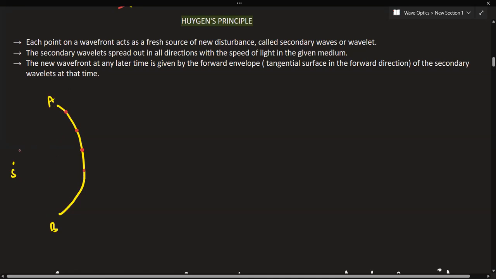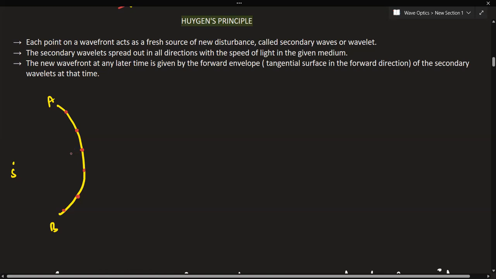Because of the reception of some waves, all the points, though I'm not marking them all, are now acting as sources of light. They are sources of secondary disturbance, while the primary disturbance was created by the original source. Each point on this AB spherical wavefront acts as a source of secondary disturbance, which travels with the same speed of light.